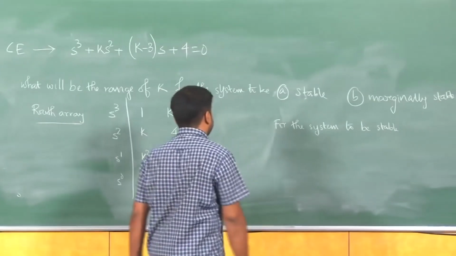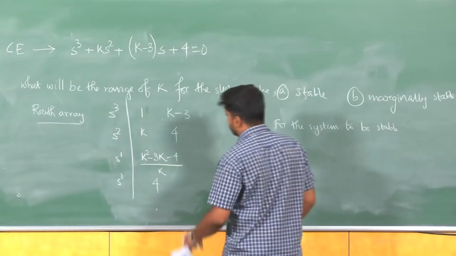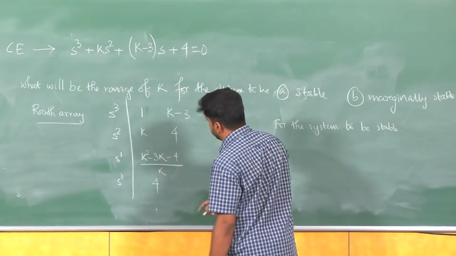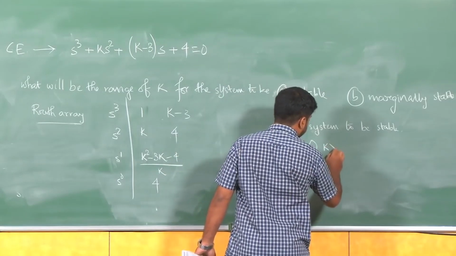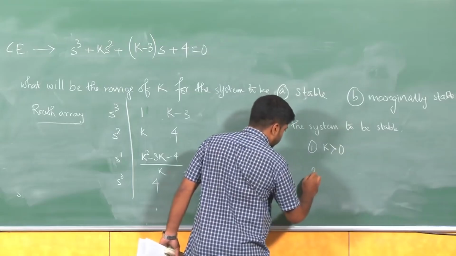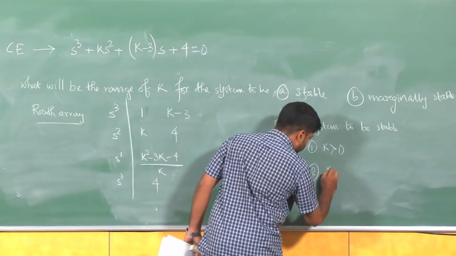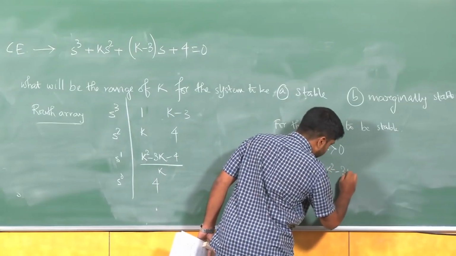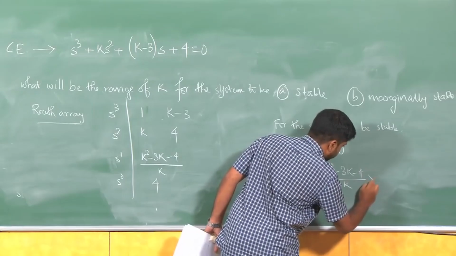All the elements of the first column should be of the same sign, so should be positive here. The first condition is k is positive, and the second condition is (k square minus 3k minus 4) by k is greater than 0.